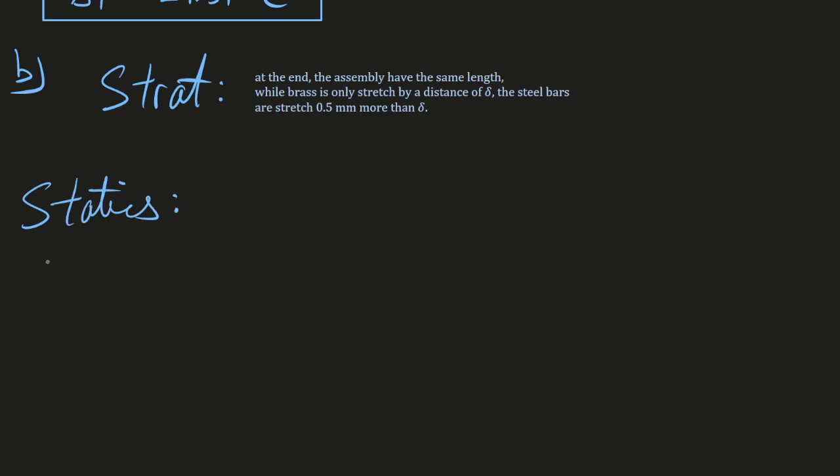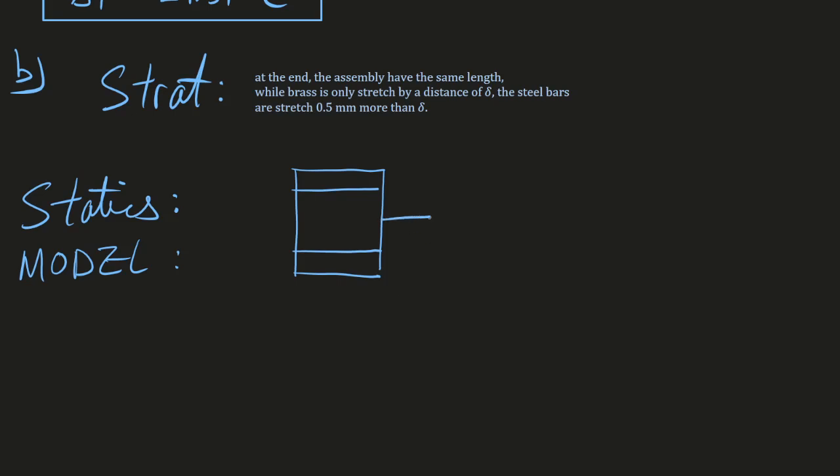And for statics, we will need a free body diagram, so we're also going to call this model. And our model would be a section of the side view. So the brass receives a force 25 kilonewtons to the right.